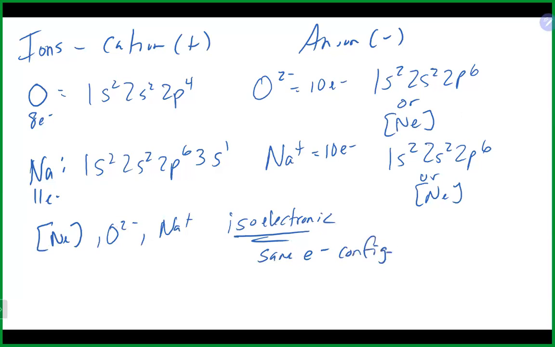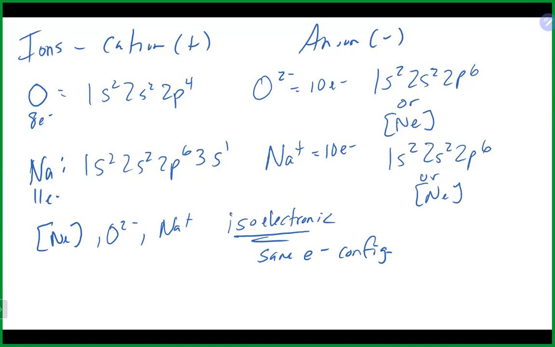And that, again, is the purpose of all bonding, as we talked about, is for everybody to achieve the same electron configuration as the noble gases, as they are very stable. Remember that they're not changing into those noble gases, but their electrons are basically going to be arranged just like a noble gas. And that's because the only way they could change into those elements is you would have to change protons, which is not what happens here when we gain and lose electrons, right? It's just the electrons being changed.